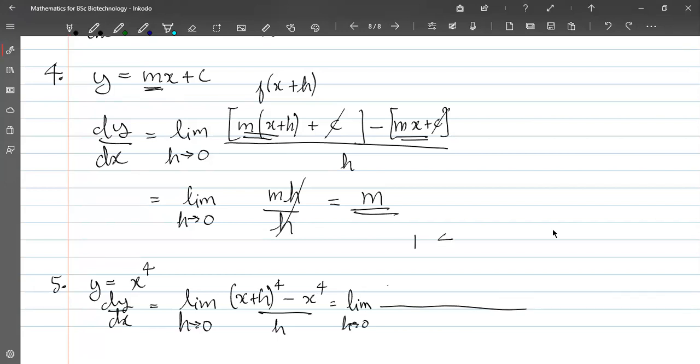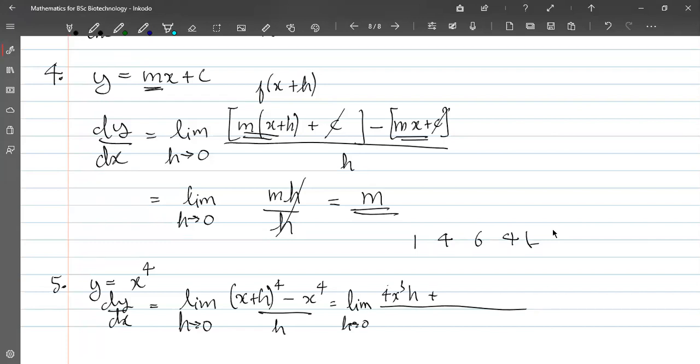1 4 6 4 1, for the binomial expansion of x plus h power 4. The coefficients will be 1 4 6 4 1, and then you just start with the highest power of x and go on decreasing the power of x, increasing the power of h. We already cancelled the first term, that is x power 4. So the next term will be 4x cube h.